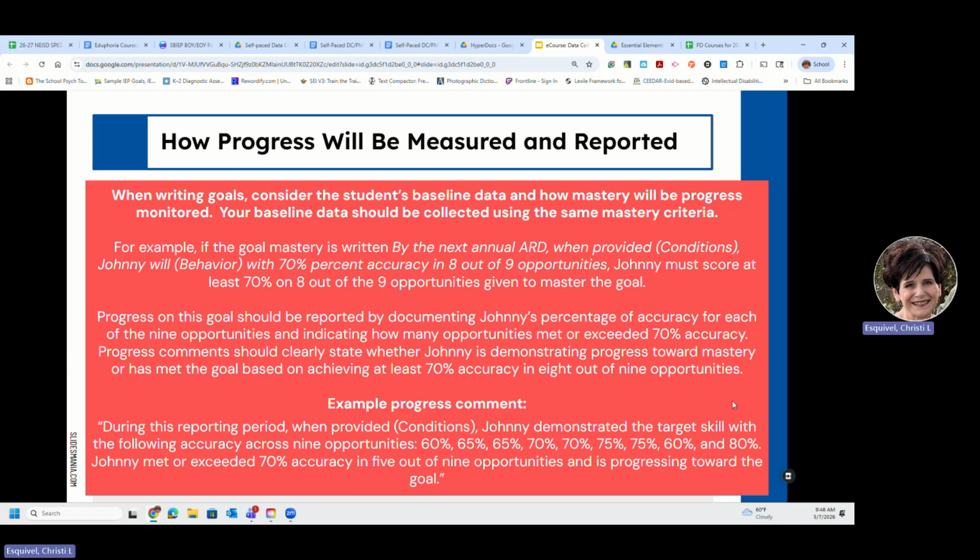So an example progress report comment could be: during this reporting period, when provided, and state the conditions, Johnny demonstrated the target skill with the following accuracy across 9 opportunities: 60%, 65%, 65%, 70%, 70%, 75%, 75%, 60%, and 80%. Johnny met or exceeded 70% accuracy in 5 out of the 9 opportunities and is progressing toward the goal.